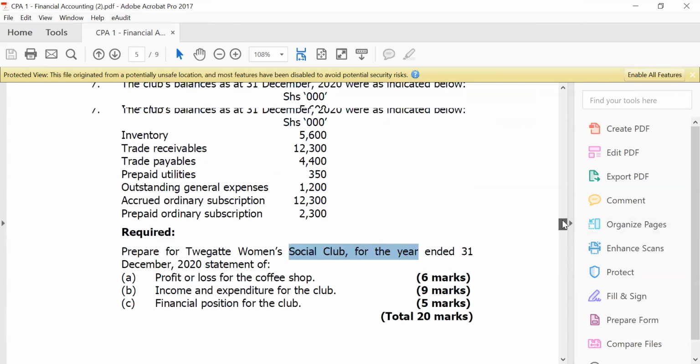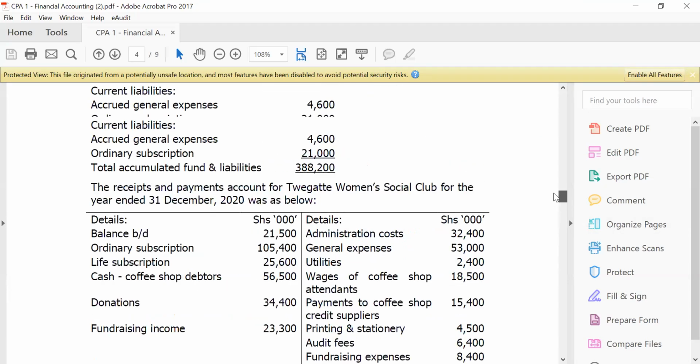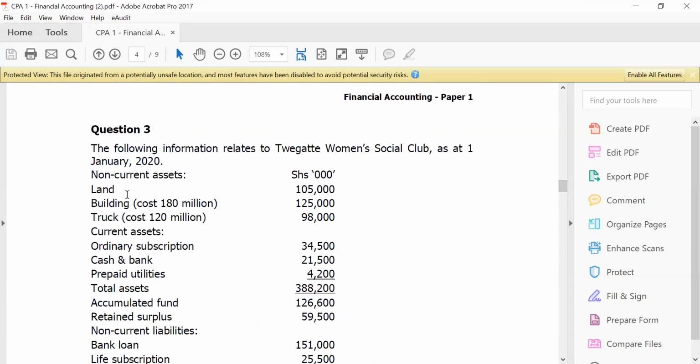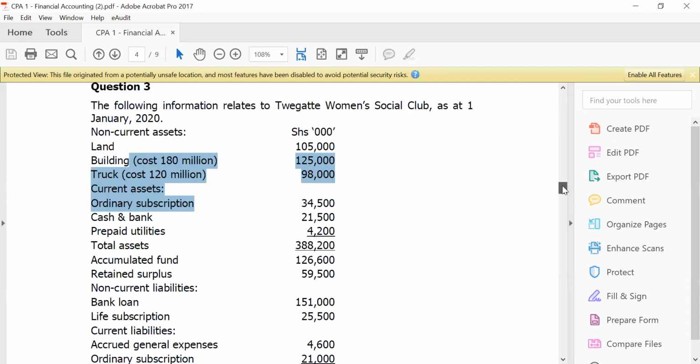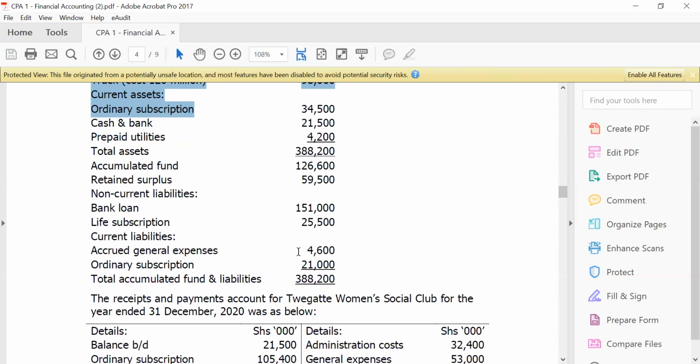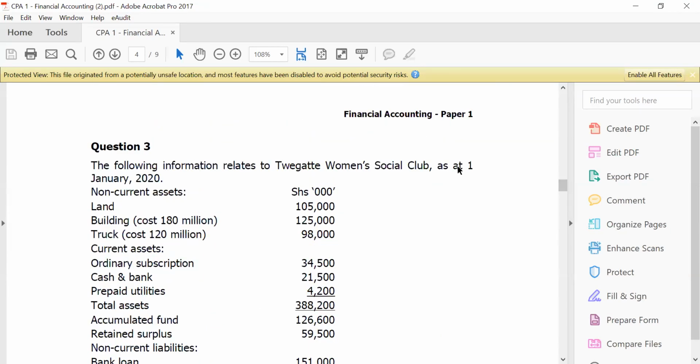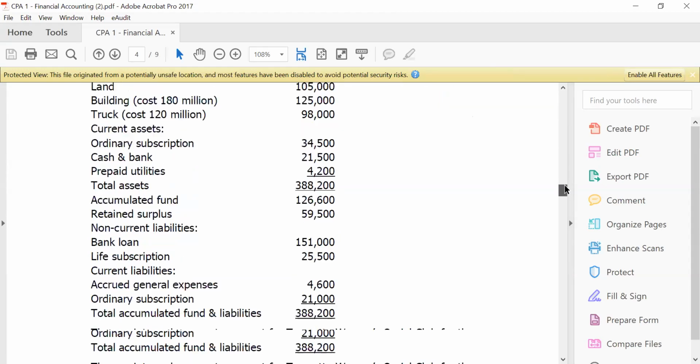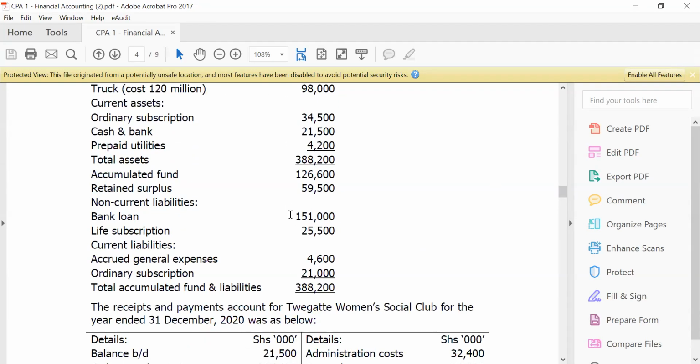So the examiner provided you with these balances to show you that these are the balances the organization started with at the start of the year. So when you see accrued general expenses, it means that this was the balance unsettled at the end of 2019 before we get into 2020. So that's why we are seeing this as our balance sheet.